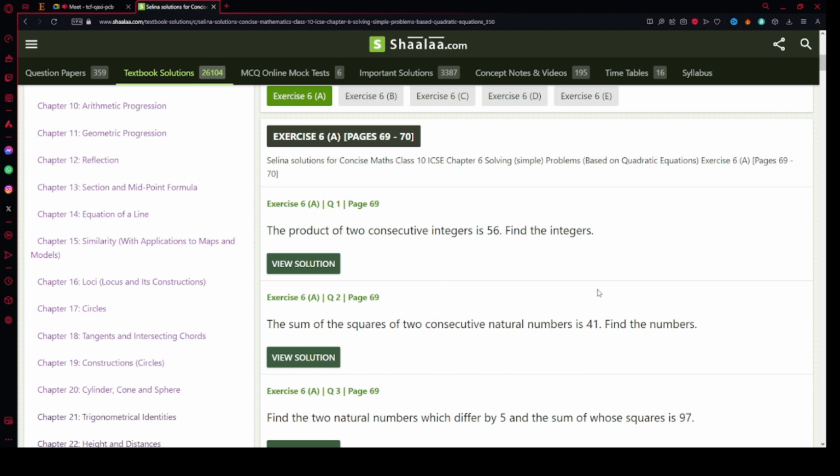This becomes minus 1 plus minus under root 1 minus into minus is plus, plus 56 into 4. 6 4s are 24, 5 4s are 20, 224, divided by 2. This becomes minus 1 plus minus under root 225 divided by 2. So 225 square root is 15.